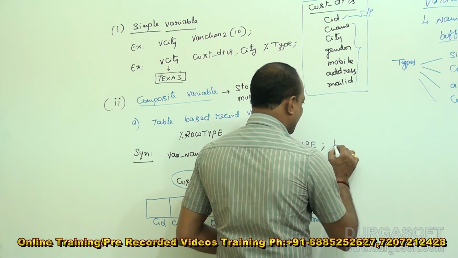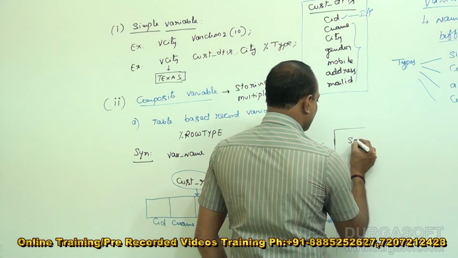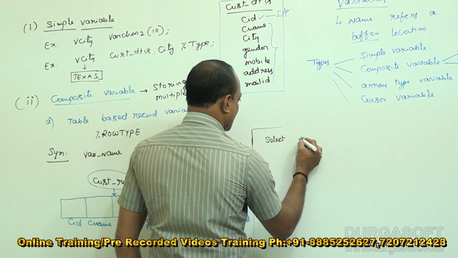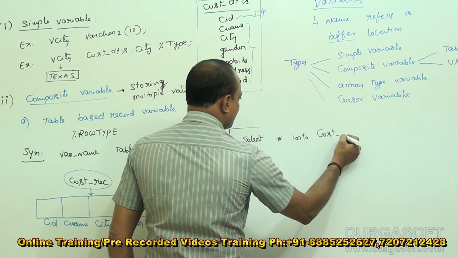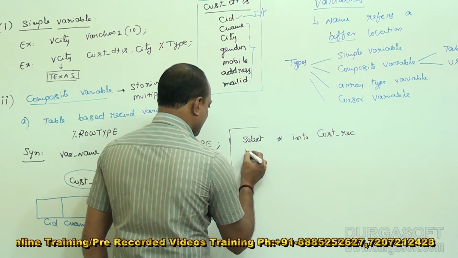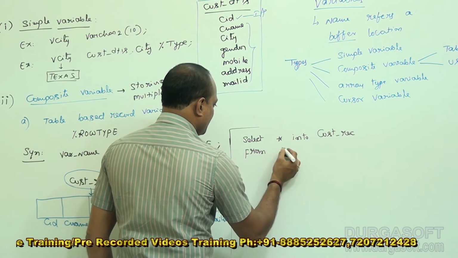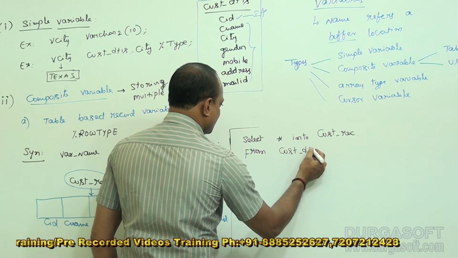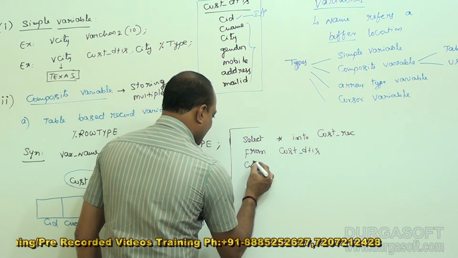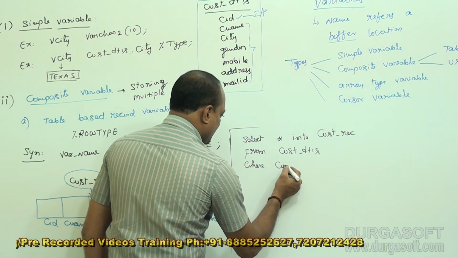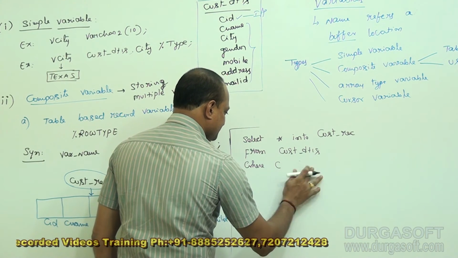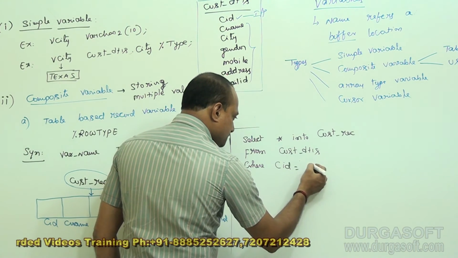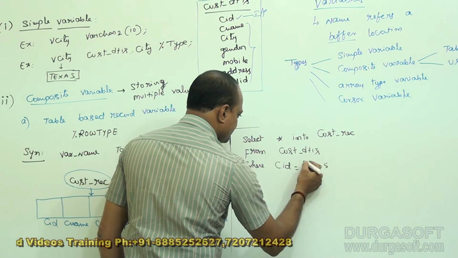Next example: select star and it should be saved into customer record from customer_details where customer ID is equal to C005.